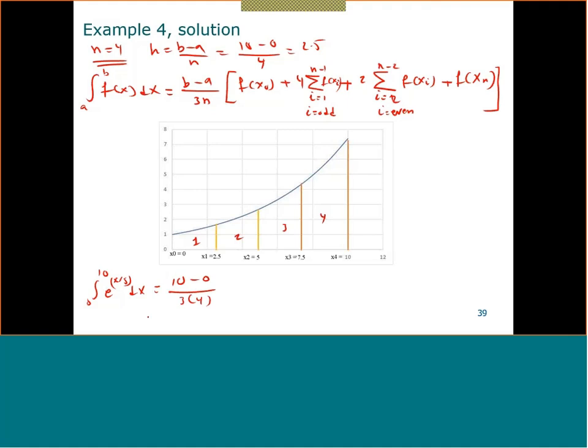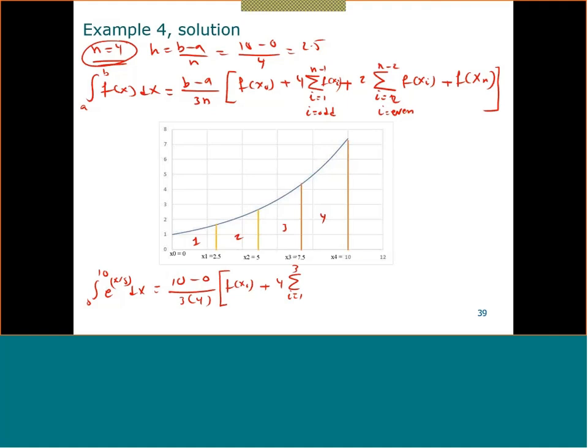This is by definition in the question. Starting with f of x0, plus 4 times the summation of i from 1 to n minus 1. n is 4, so up to 3.